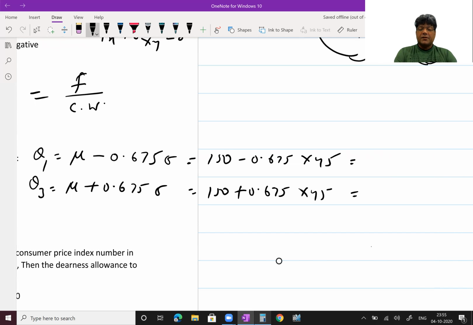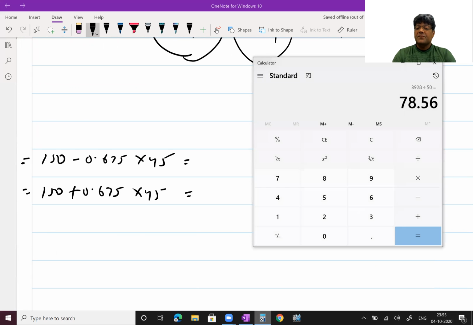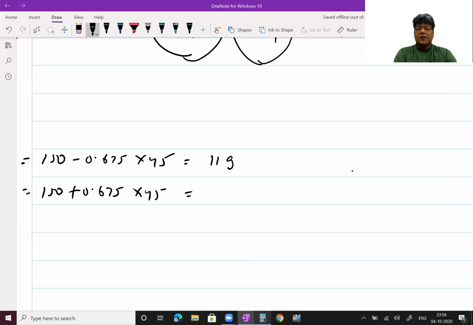If I use the calculator, 0.675 into 45 is equal to this, and this is minus, so I will do minus 150. A minus sign will come, so to remove it I will press plus minus. 119.625, which can be written as 119.63.